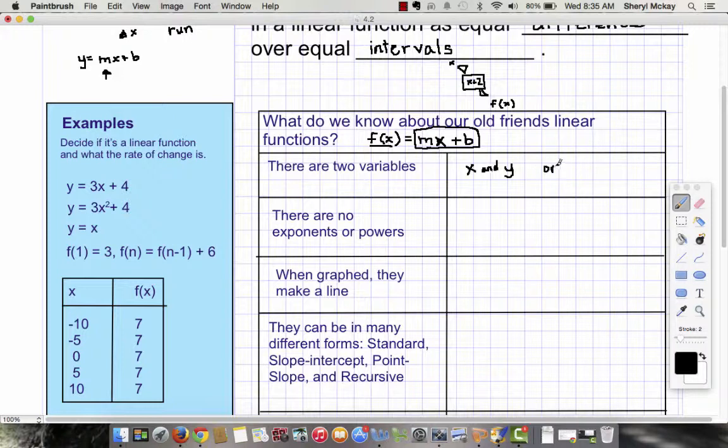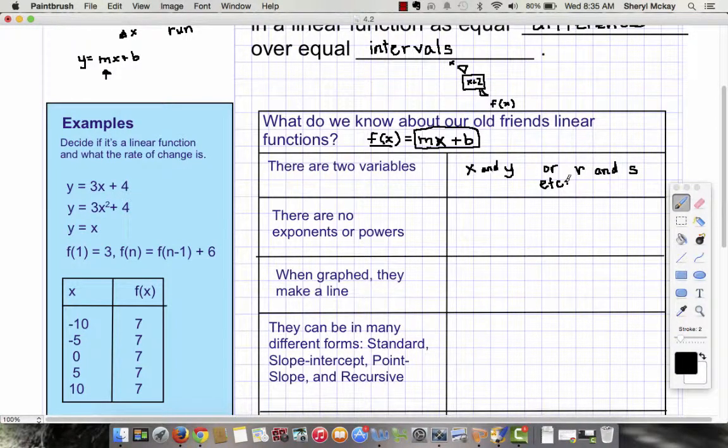Just two of them. If there are more than two variables, then there's a problem.